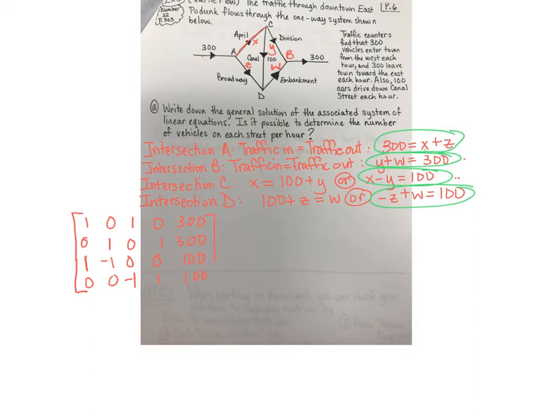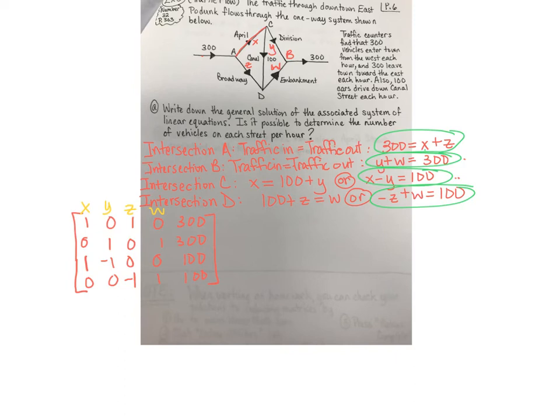Now what we're going to do is row reduce, because it wants to know, is it possible to determine the number of vehicles on each street per hour? So we're going to find out. Just so you're aware, this is the x column, this is the y column, that's the z, that's the w. Okay, so let's row reduce.